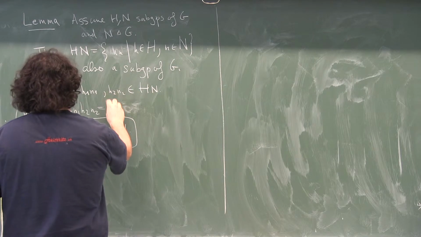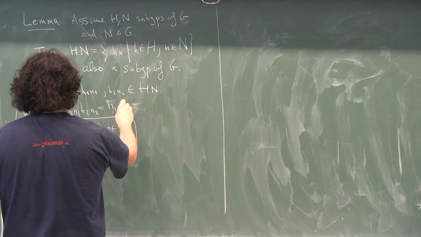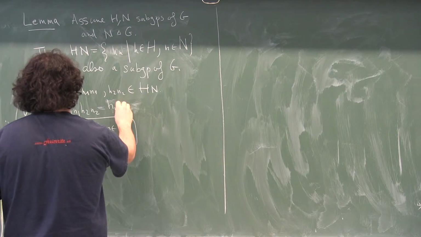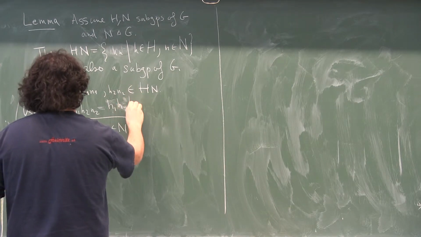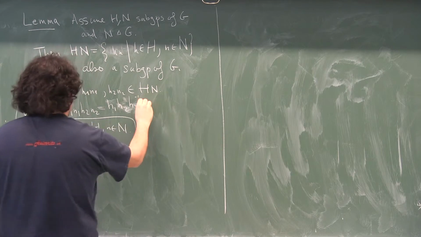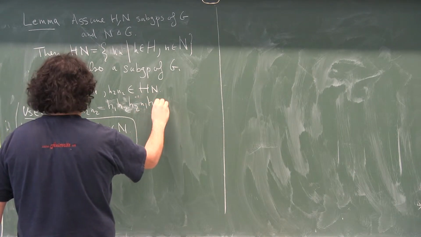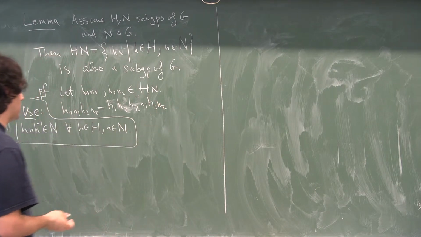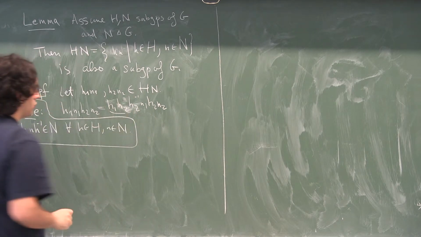So we do h1 h2 h2 inverse n1 h2 n2. Let's see, what have I written here? So I have h1 h2.